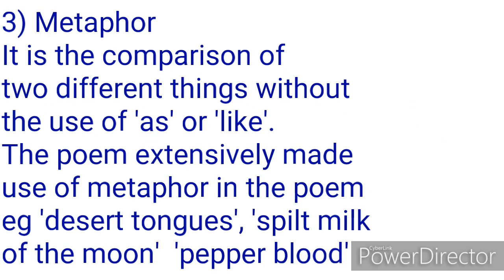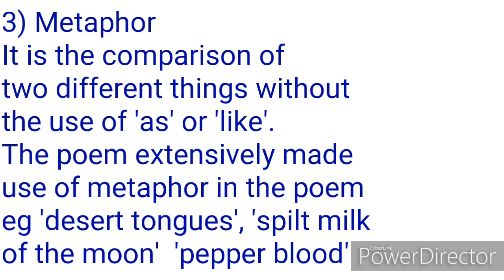Another figure of speech that you find in the poem is metaphor. Metaphor is the comparison of two different things without the use of like or as. The entire poem is metaphoric. For example, desert tongue. Desert is compared to tongue because the desert is a dry place and their tongues at that time were also dry.